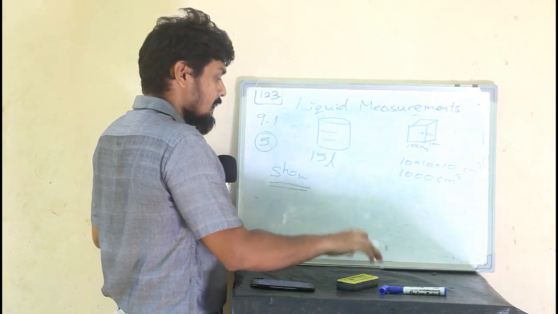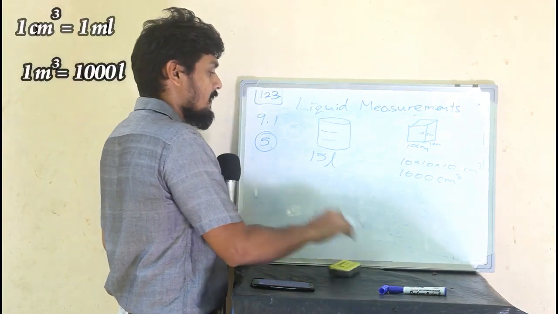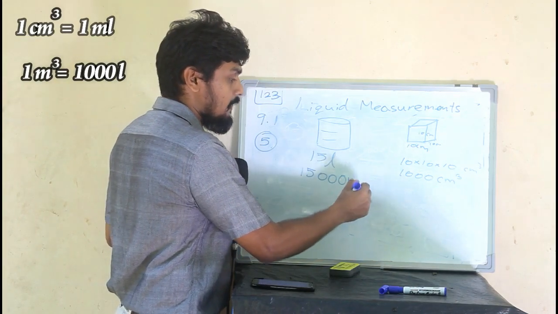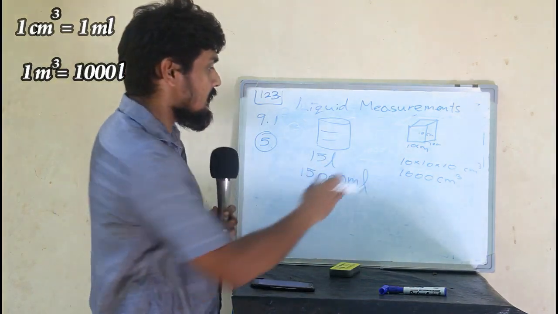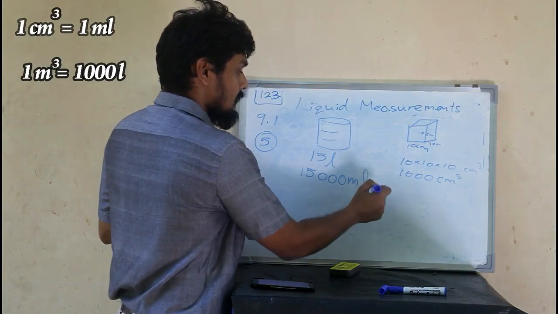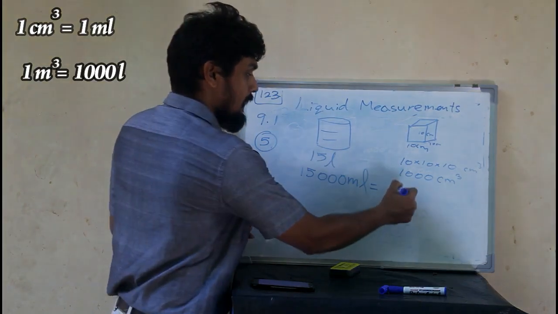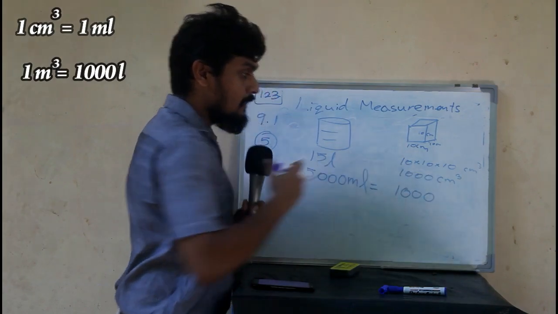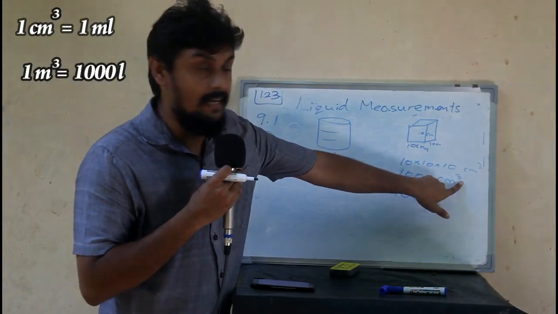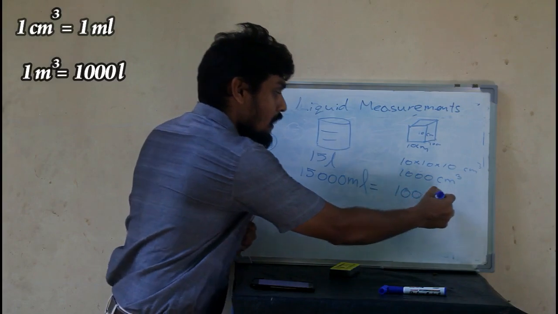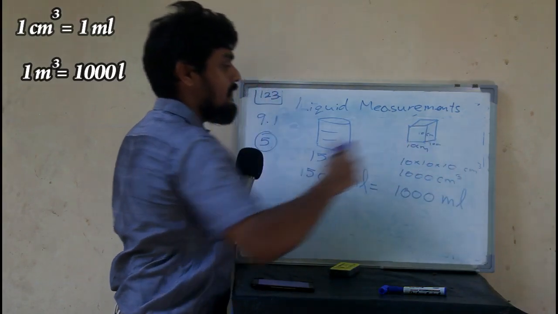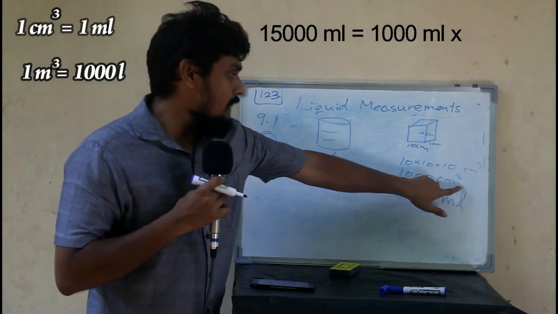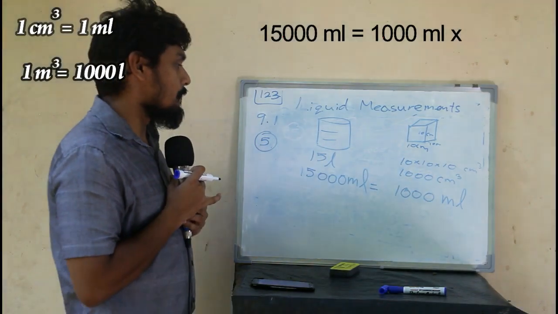Right, here the capacity of the barrel is 15 liters, which means 15,000 milliliters. Here, cubic centimeters are equal to milliliters. You can write milliliters here instead of cubic centimeters.